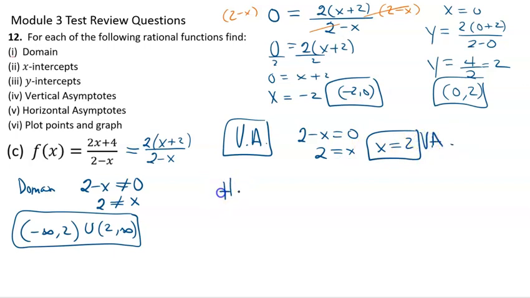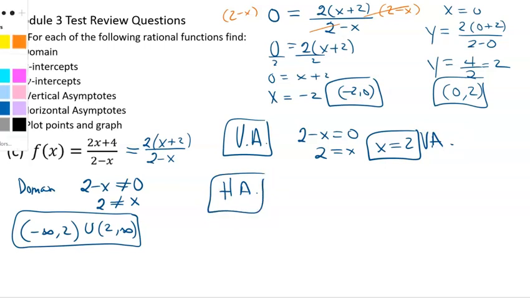What about horizontal asymptote? Okay, that's the 3 cases. So I'm looking at leading coefficients here. Okay, leading coefficient, well, not yet, my bad. I'm looking at degrees. The degree of the numerator is 1. The degree of the denominator is also 1. Whenever your degrees match, which has been true for every problem we've done in the review so far, you have y equals leading coefficient over leading coefficient.